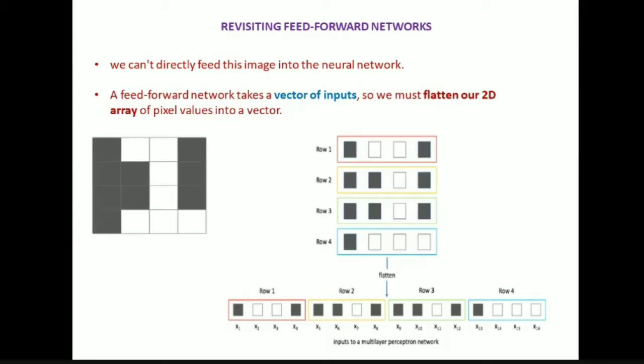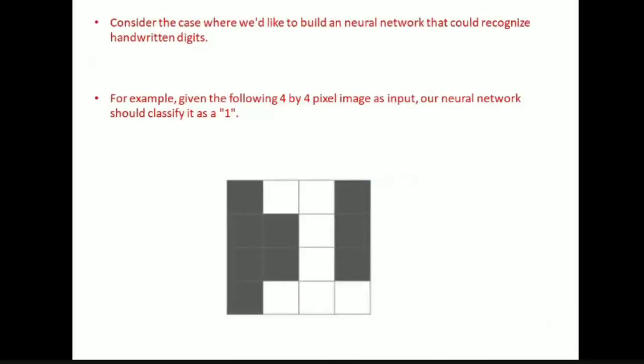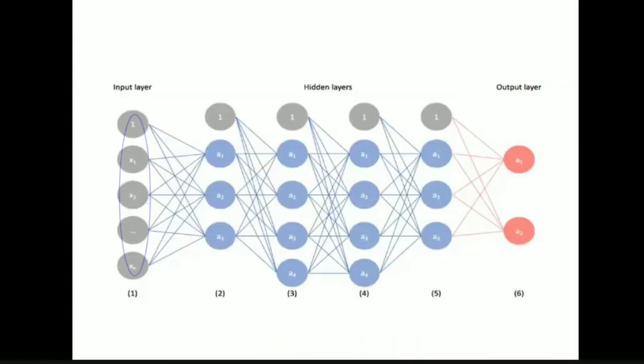So this 2D representation of the input image is flattened into a vector representation, and now we can give this as input features. We initially saw this input vector, right? So we are giving input features x1, x2, x3, x4, and so on up to xn.